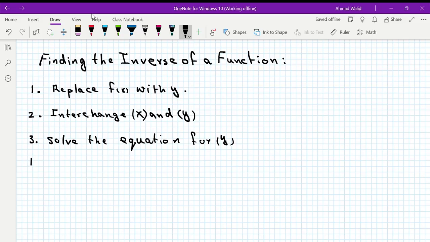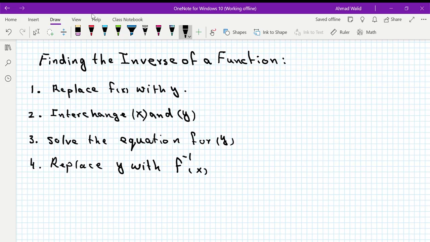Last step, step 4. Change, or I can say replace, y with this symbol, f inverse of x.